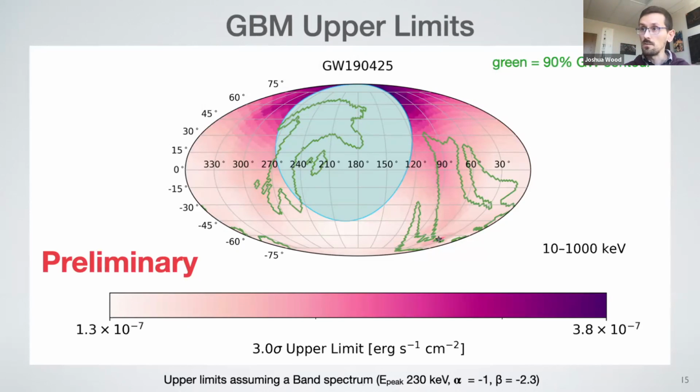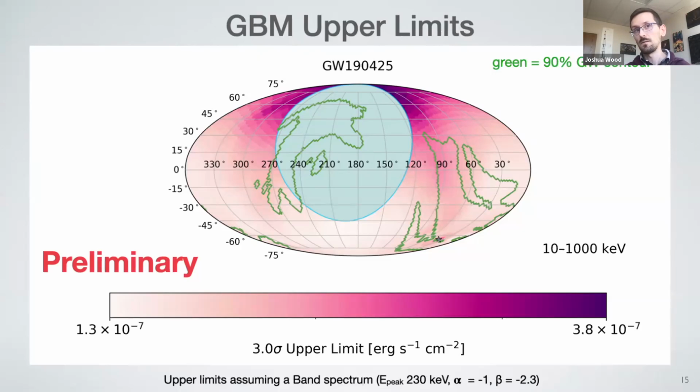The purple are our flux upper limits as a function of sky position. And then the green contours are the 90% credible region of where the gravitational wave detectors believe this binary neutron star event could have happened on the sky. We cover a good chunk of that, roughly 60% of it, but not all of it. And so it's possible that we missed this one event.